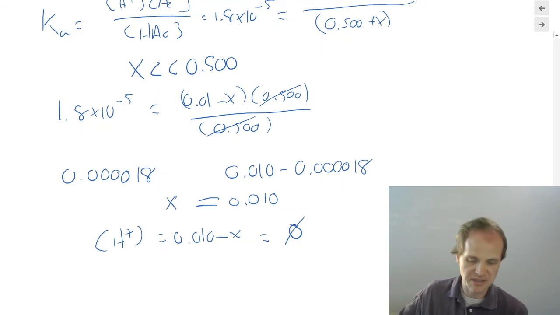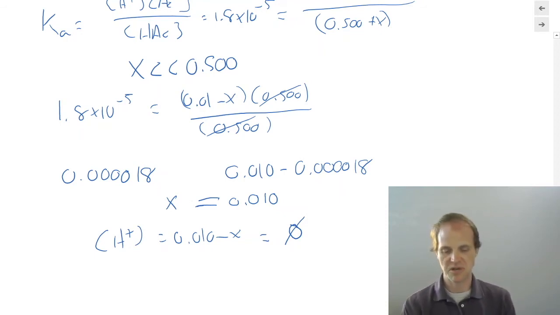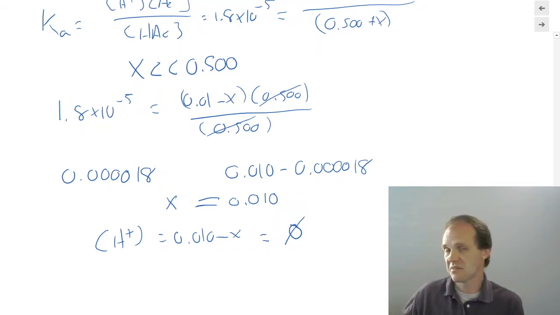Let's plug that into our calculator. We say 0.01 divided by 0.5 times 100. 2%? Hey, that's within our valid assumption.